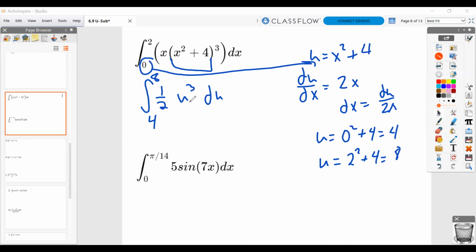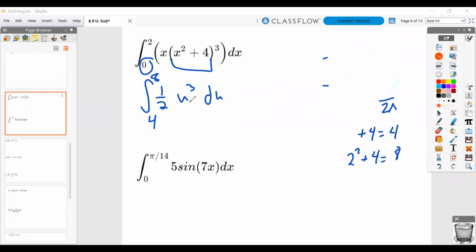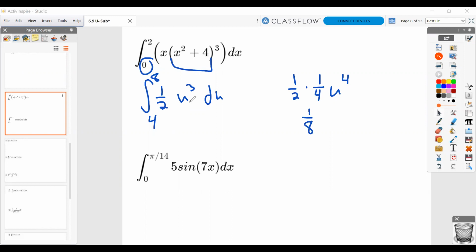So now we're going to integrate. And so we're going to reverse power rule, which means this cube now goes to a 4th. And we're going to have a 1/4 out front to cancel it out. However, we also have that 1/2. And so this becomes just a 1/8 u to the 4th. We're going to evaluate that from 4 to 8.